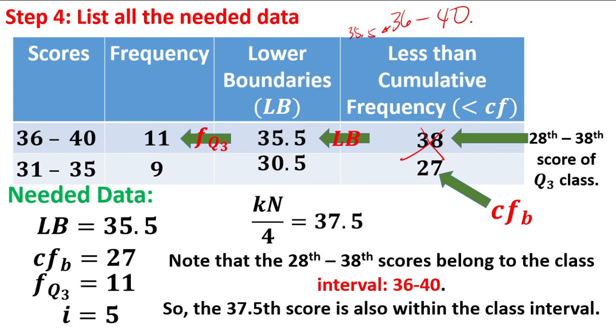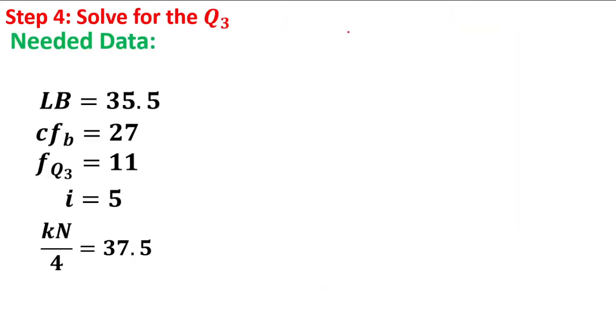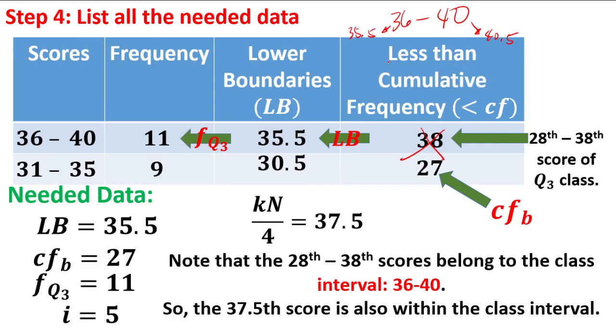Ang upper limit niya is 40.5. Okay? Since yun ang lower limit at upper limit niya, ibig sabihin yung hinahanap nating value ng third quartile ay is within this class interval. So, kapag ang sagot mo, mas mababa sa 35.5, mali yung sagot mo. Pag mas mataas sa 40.5, mali na yung sagot mo.